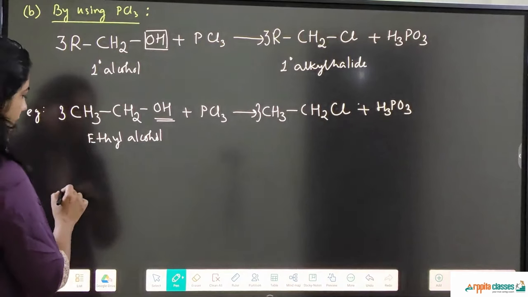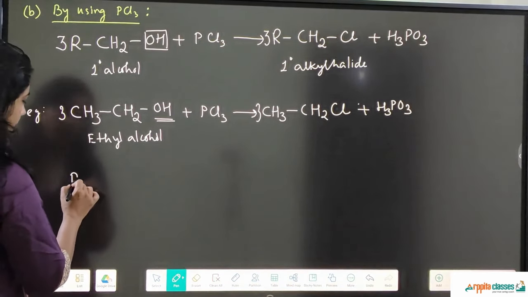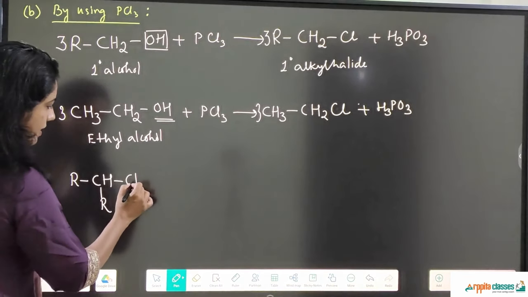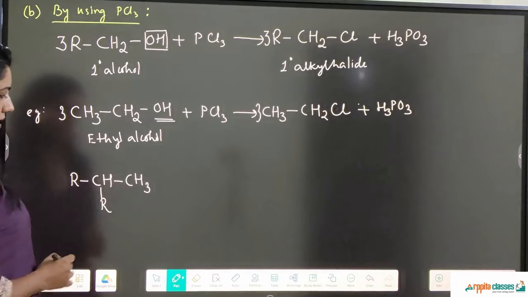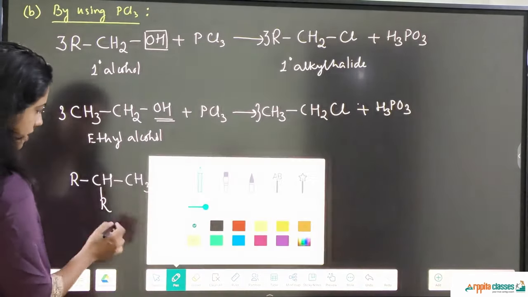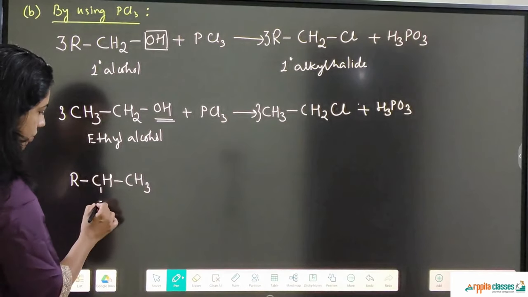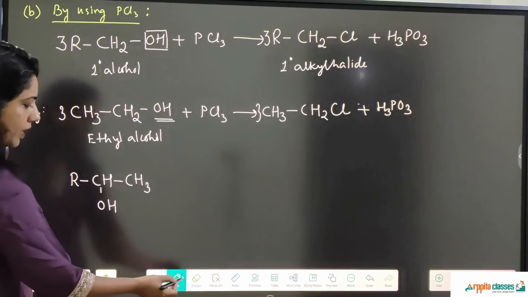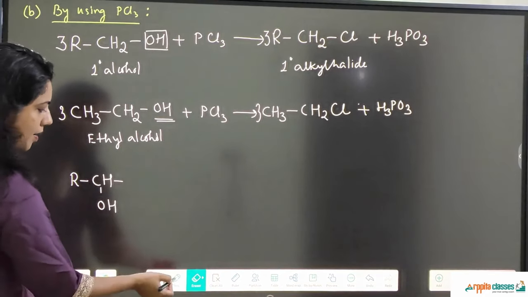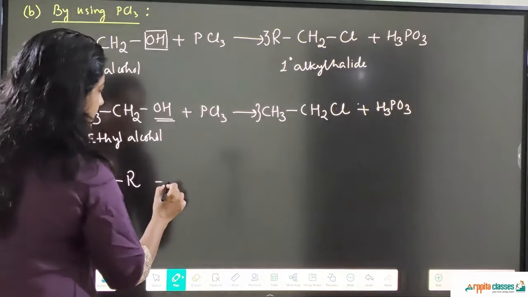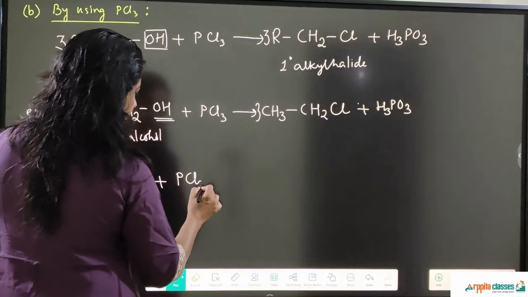Now similarly, if I take a secondary alcohol, I write a general secondary alcohol, RCHOHR, and I am treating this with PCl3.